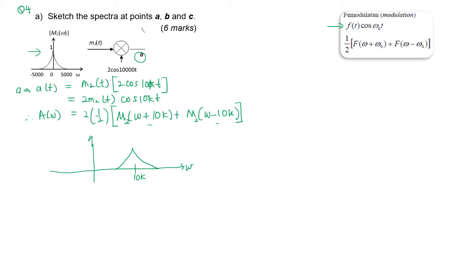So this is A(omega), and here is 5k and 5k, so 15k and 5k. And the other one, you have this signal being shifted to the left by 10k as well. So negative 10k, so here is negative 15k, and here is negative 5k. How about the magnitude? The magnitude is 1. So this is your A(omega).